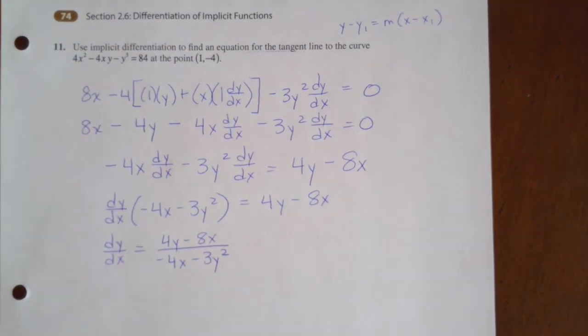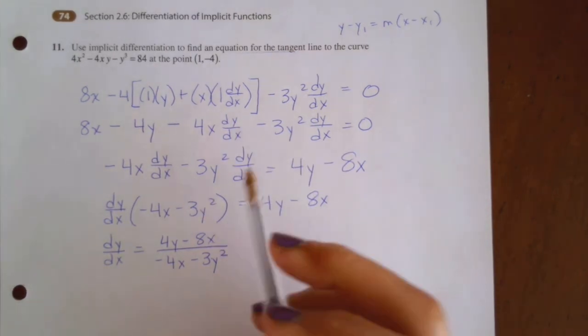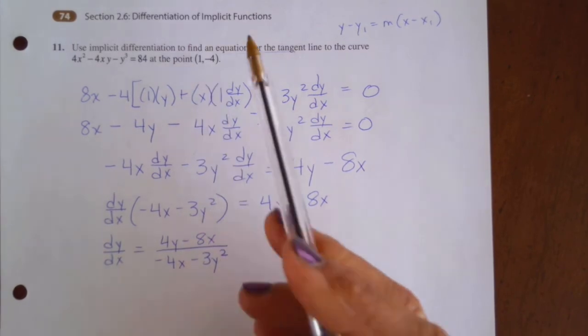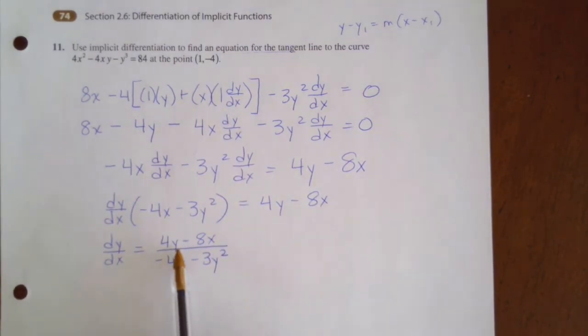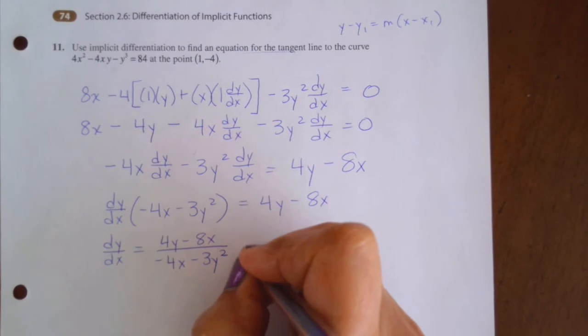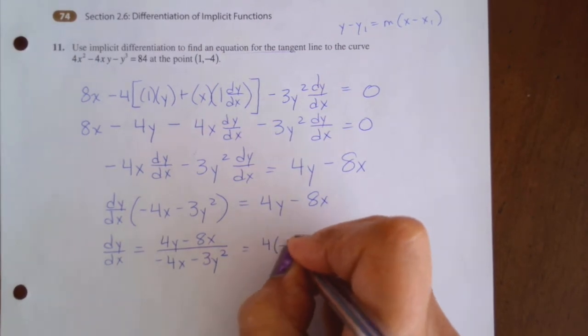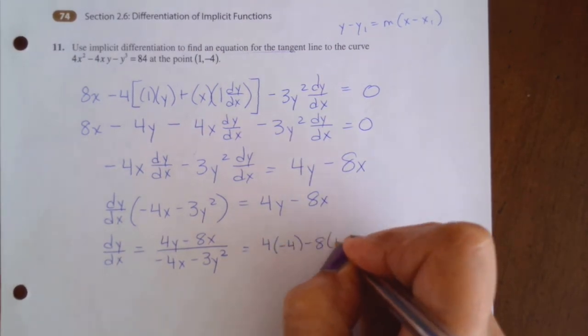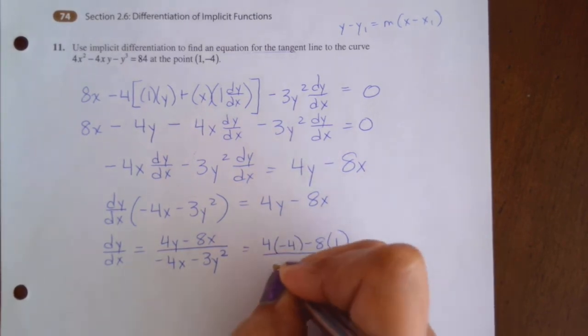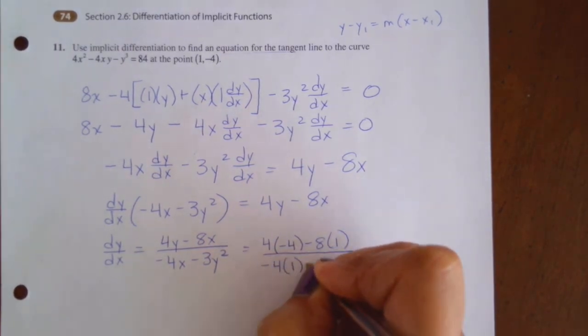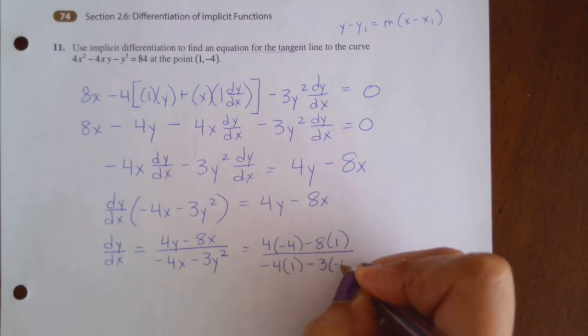All right, so now we need to find the slope. So we're going to plug in our x and y values, (1, -4). Remember, x is 1 and y is negative 4.